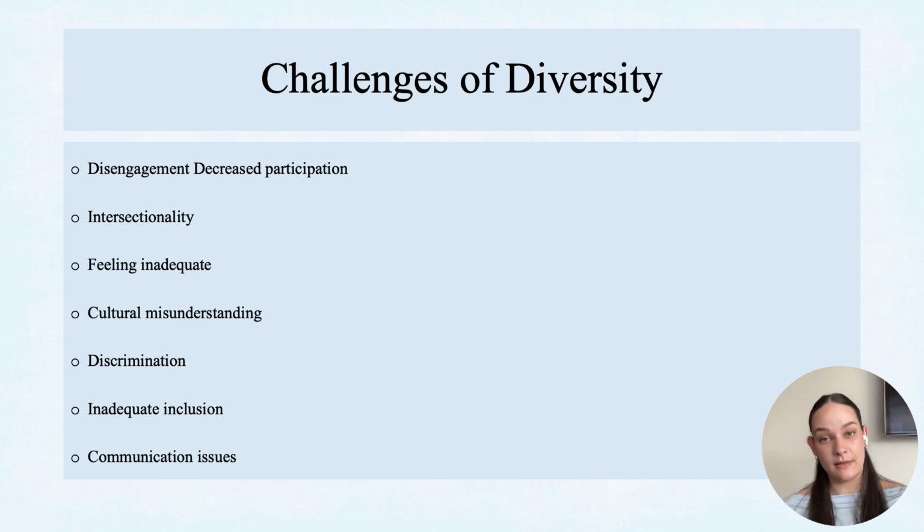Within the school dynamic, though, we can see more challenges in the classroom arise, and this can look like disengagement or decreased participation in either playtime or in classroom activities. Intersectionality occurs when social categorizations leading to disadvantage and discrimination overlap.